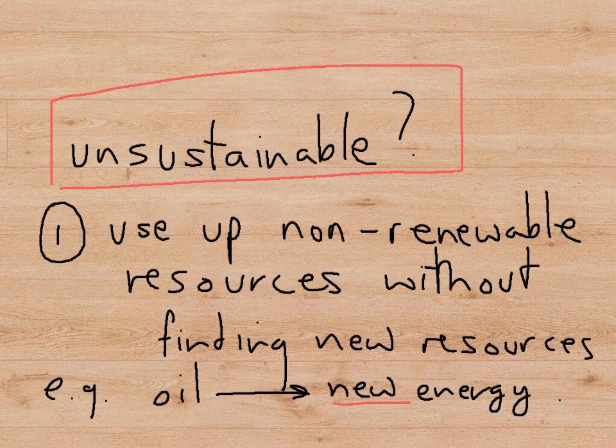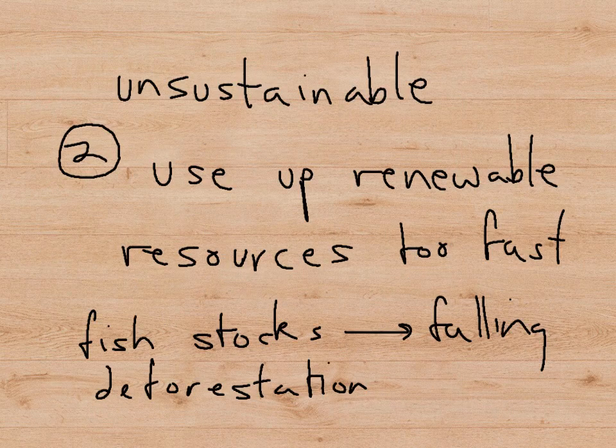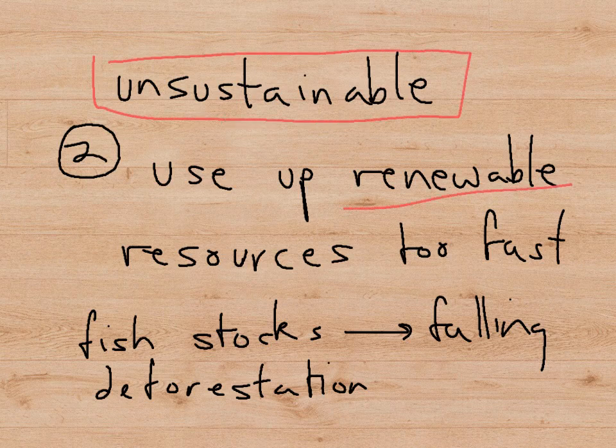So by this definition, we can also see what is sustainable economic growth, which is that we don't use up non-renewable resources without finding new ones, new sources, new resources. So let's look at another way in which economic growth can be unsustainable and get another idea of what constitutes sustainable economic growth.